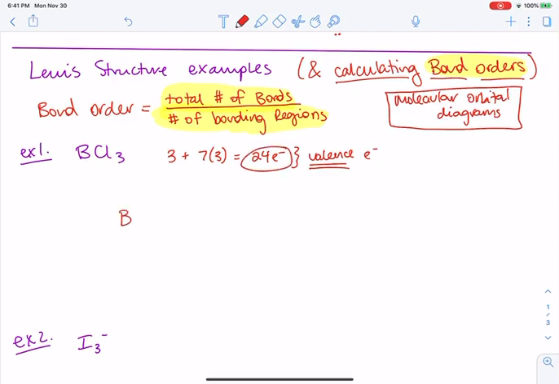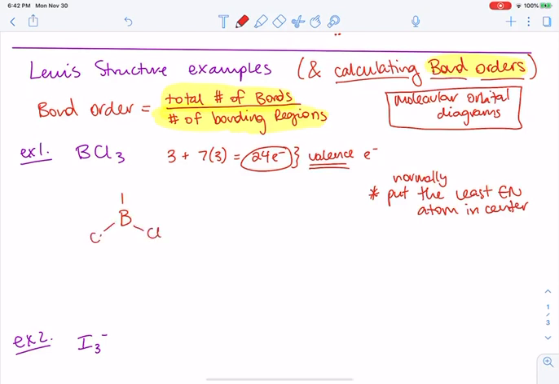So we put boron in the center because it's the least electronegative. You normally put the least electronegative atom in the center. We put the chlorines all around it. We lone pair them up.